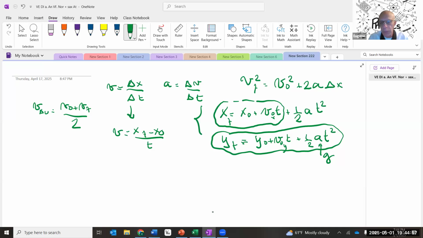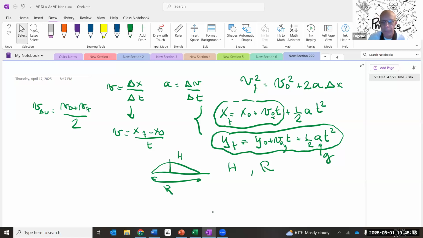And then using this, you can calculate the height, and you can calculate the range, that is, the distance covered. This is the range, and this is the height. And you have the formulas to do that.